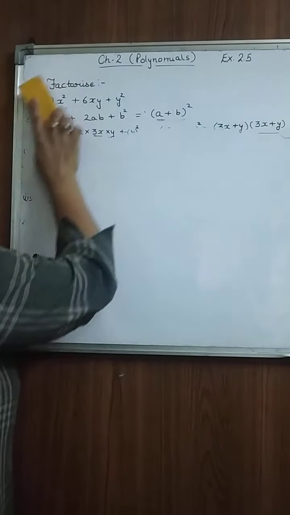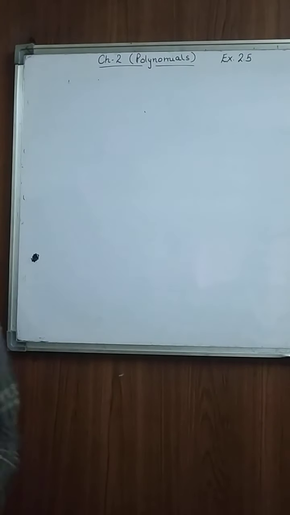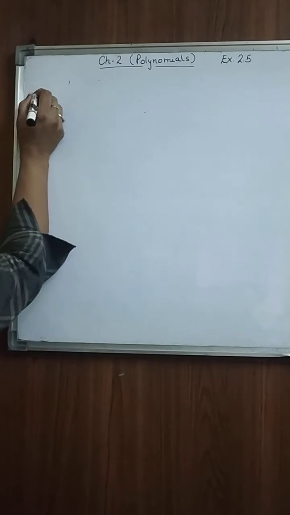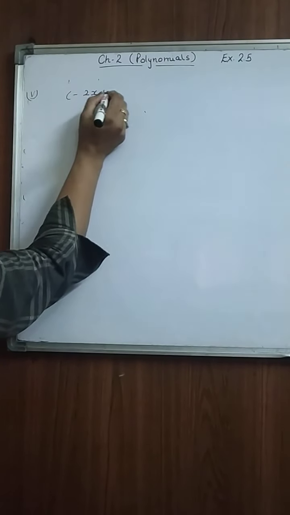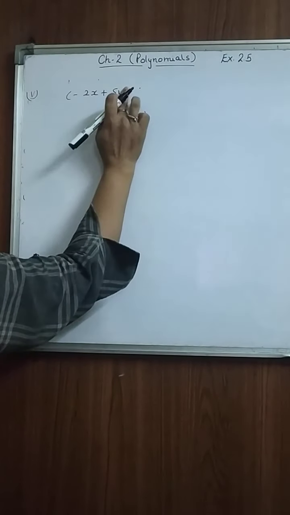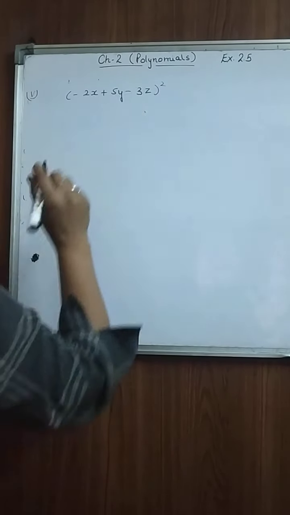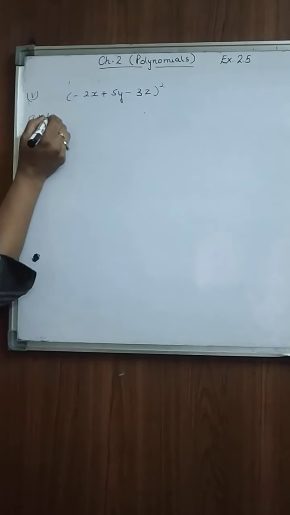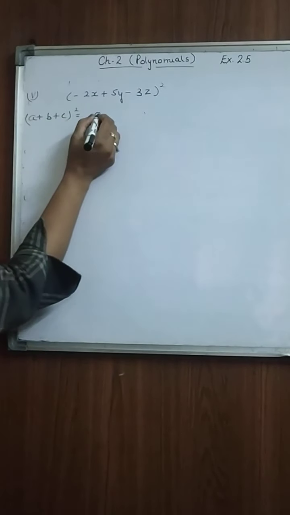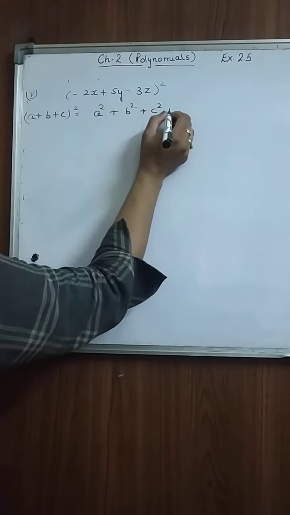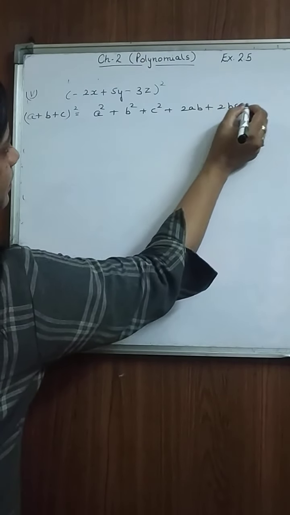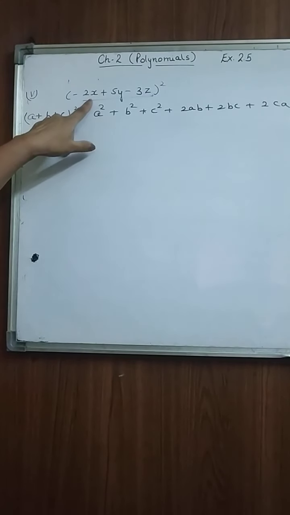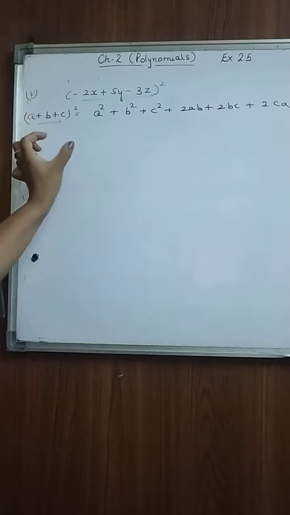In this way you can easily do the fourth question. I am taking one more part of the fourth question; the rest you can do on your own easily. I am taking two parts, the fifth and the sixth part. The fifth part is given to you: (-2x + 5y - 3z) whole square. Here also we are going to apply the same identity, (a + b + c) whole square: a square plus b square plus c square plus 2ab plus 2bc plus 2ca. The difference is of the sign, so we will pick the term with its sign.